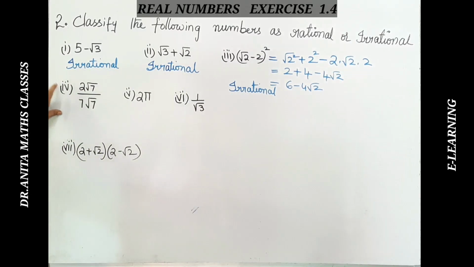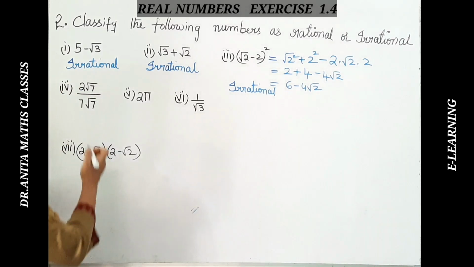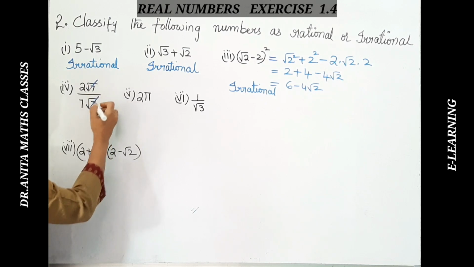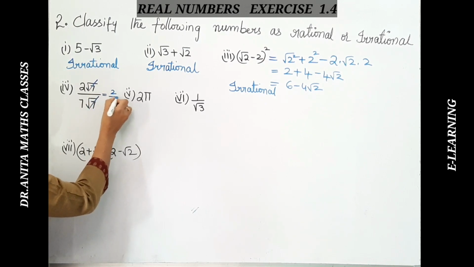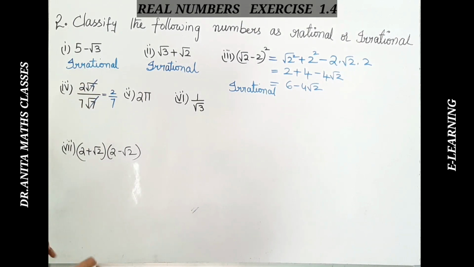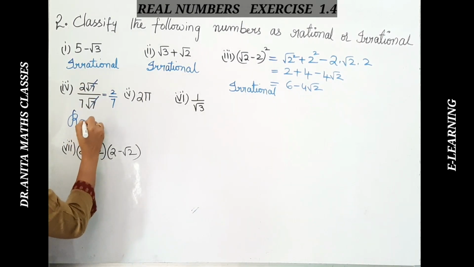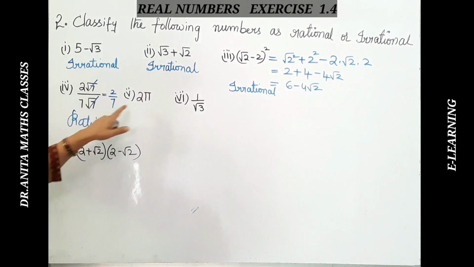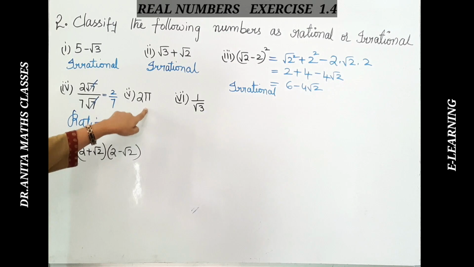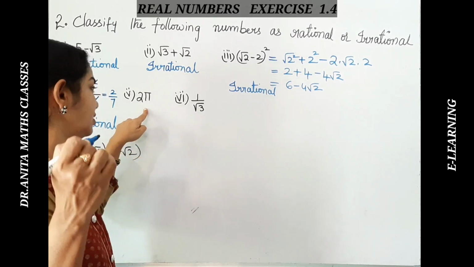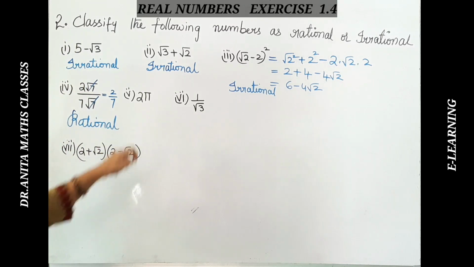Now here, division of both numbers. I can cancel off root 7 and root 7, so this becomes 2 over 7. 2 over 7 is in the form of p by q, which is a rational number. And the fifth one, 2 pi, where we know the pi value is 3.1438 and it goes on, non-terminating, non-repeating.